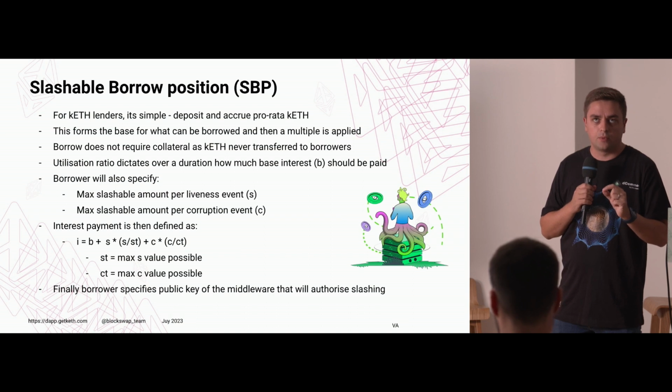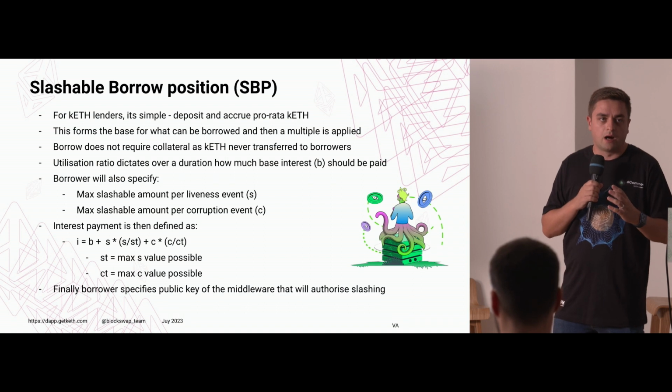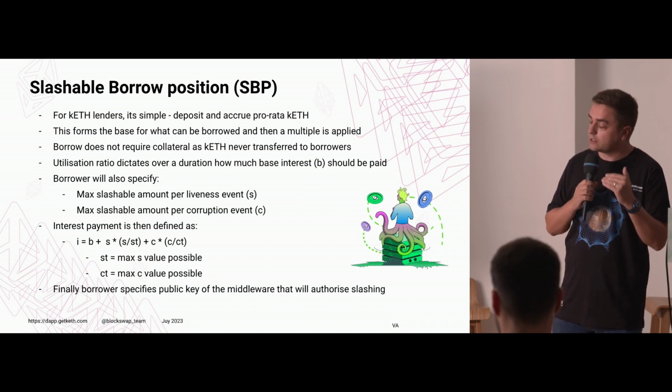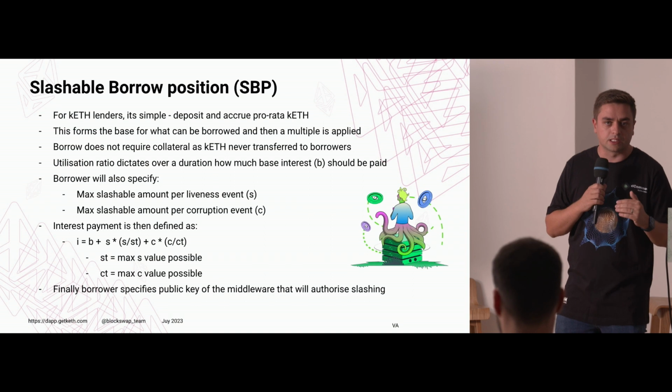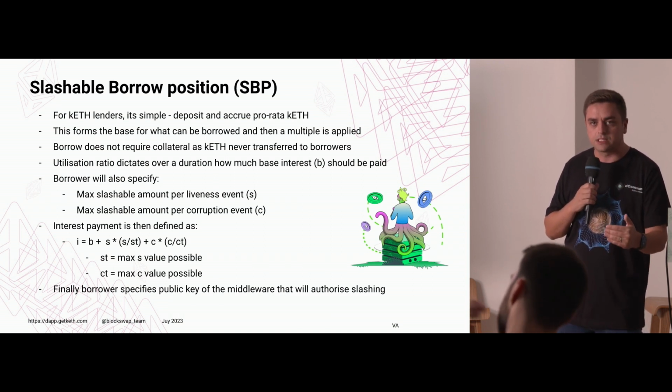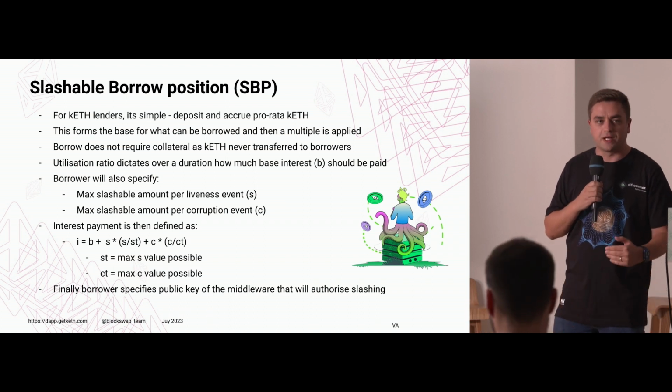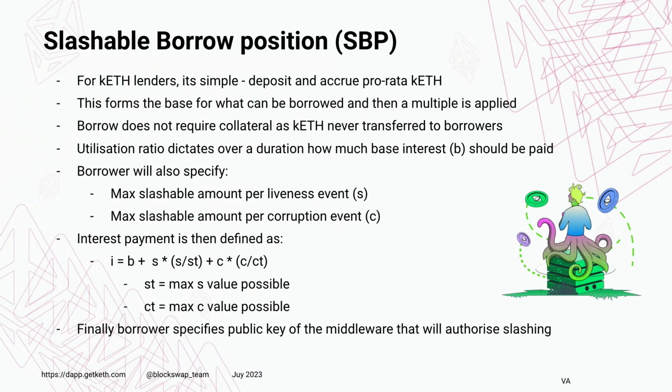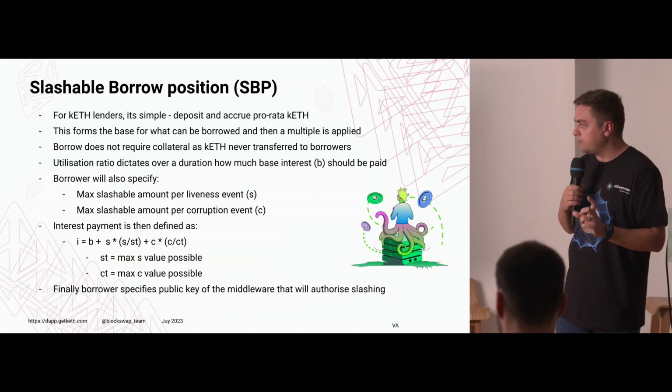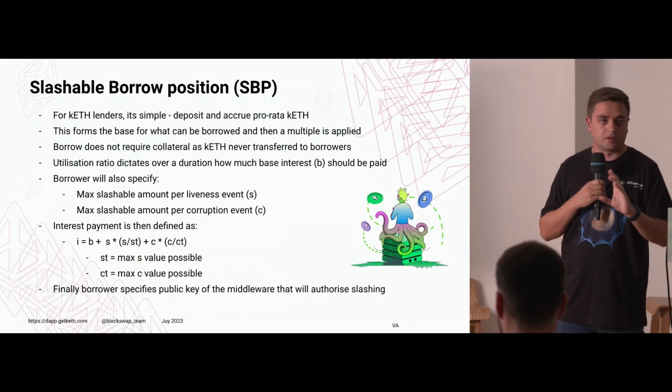But if you as a borrower define higher slashable events, so you're basically saying per corruption event or liveness event there is a bigger slashable penalty, then you're basically asking people to run potentially middleware that's more risky than some other borrower. So the interest that you're paying for taking out that position is going to be bigger on the basis of that. And that then forms the payment you need to make.